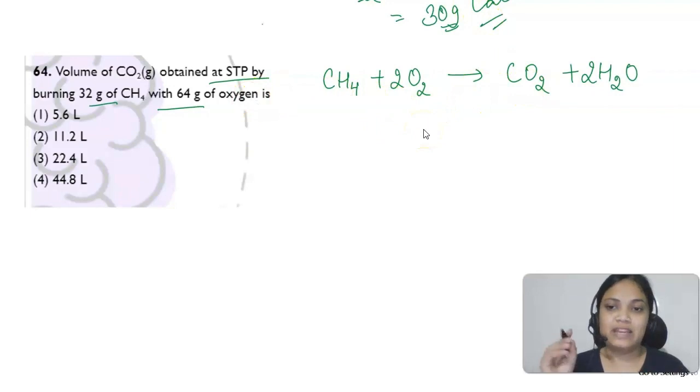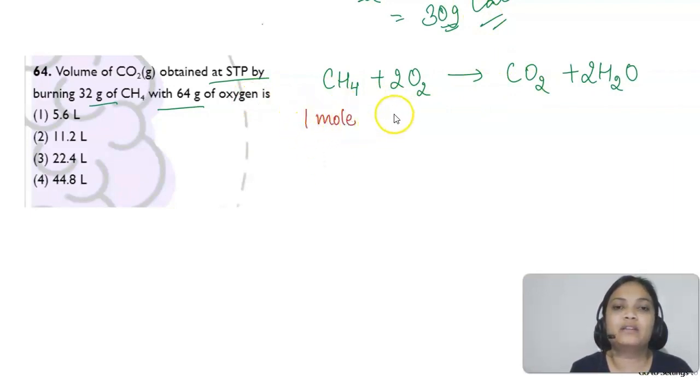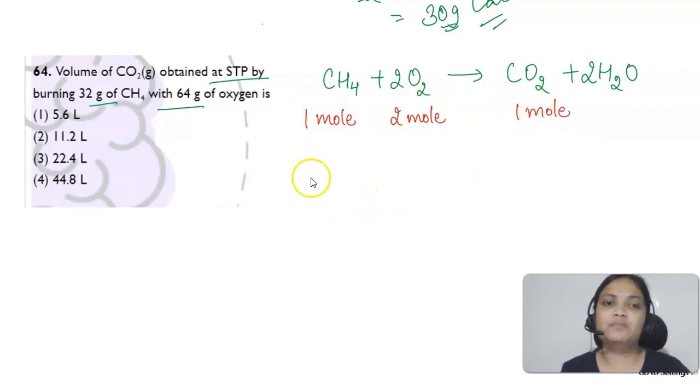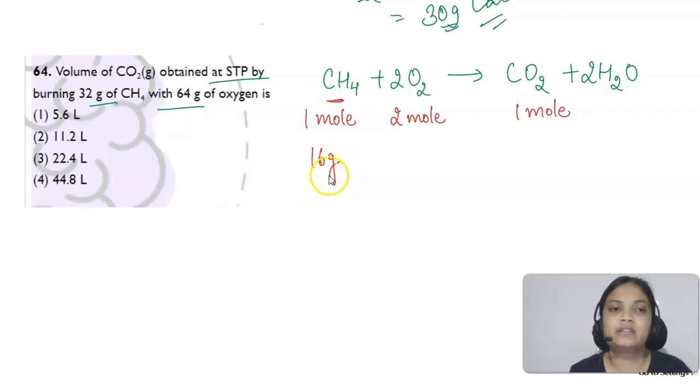Now what we can get from this equation is that 1 mole of methane reacts with 2 moles of oxygen to form 1 mole of carbon dioxide. Now in terms of mass, let's write. 1 mole of methane is 16 grams, right? 16 grams of methane, because it's 12 plus 4 into 1. For oxygen, it's 32, 2 into 16.